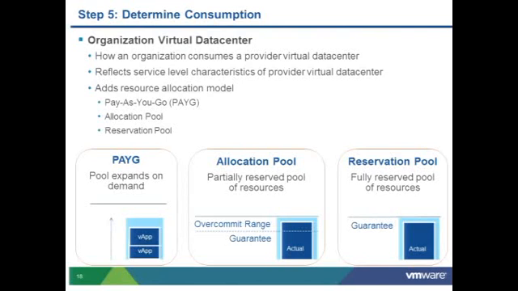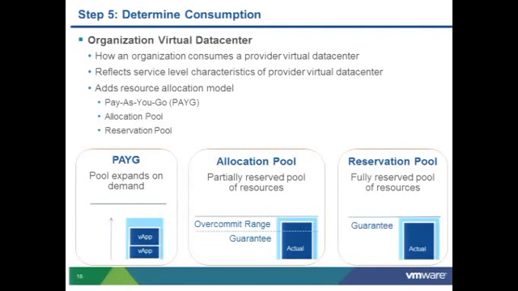On the other hand, if you have some vApps that require dedicated resources, think of business-critical applications, for example, we want to fully guarantee their resources. We can give them a reservation pool. It gives them the full amount, typically, even though we may not end up using all of the resources guaranteed.